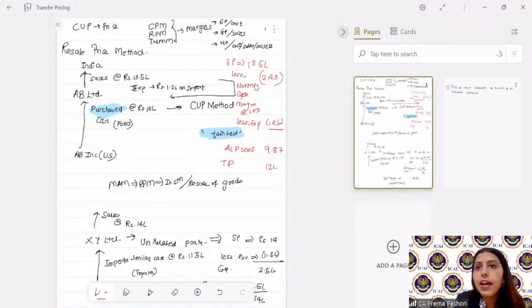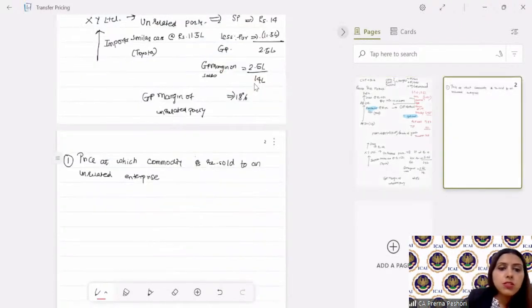So obviously I have purchased at a higher price, and therefore there will be a TP addition of 2.13 lakhs. Are you getting it? I'm finding out the normal margin of the comparable company and applying that normal margin on my sales, because sales is not a tainted transaction. I have to arrive from sales to the cost. I will reduce the normal GP margin and any expenses, and that will give me the ALP cost.